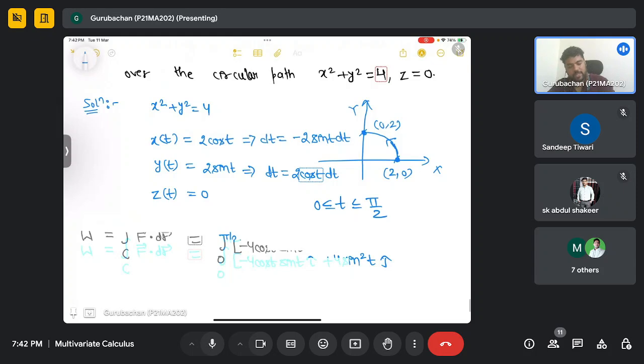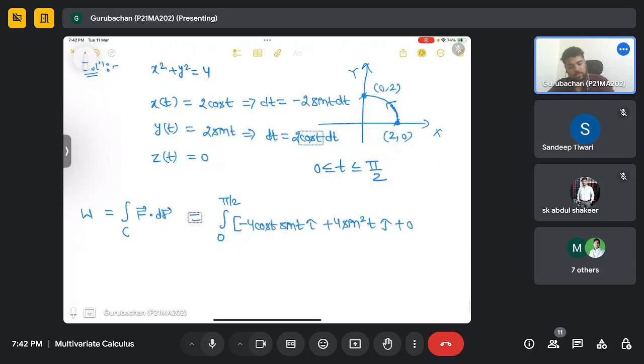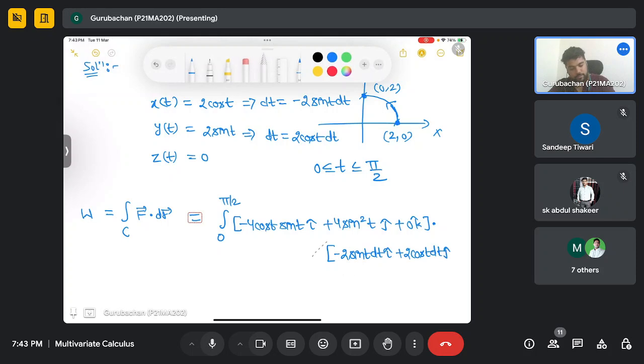The last one is z times k cap, that is 0 times k cap, dot product with minus 2 sin t dt i cap plus 2 cos t dt j cap plus 0 times k cap.